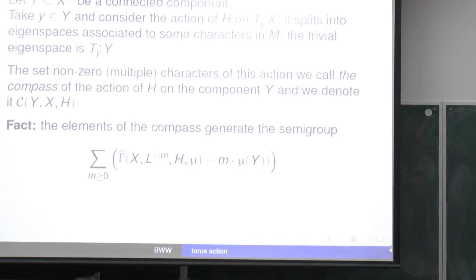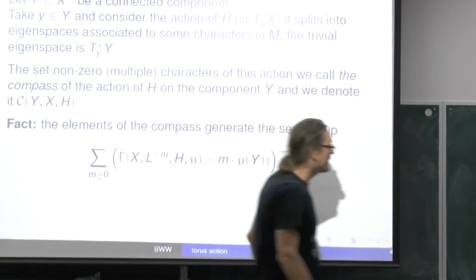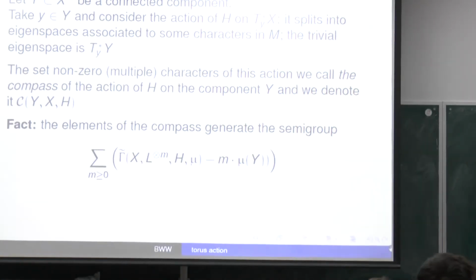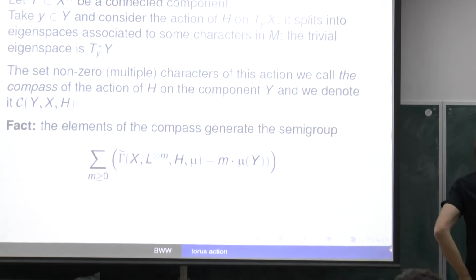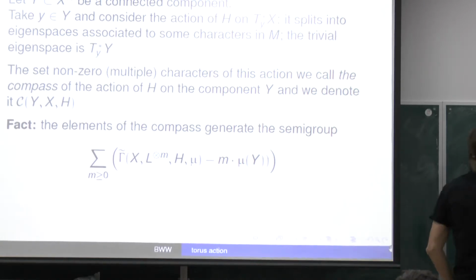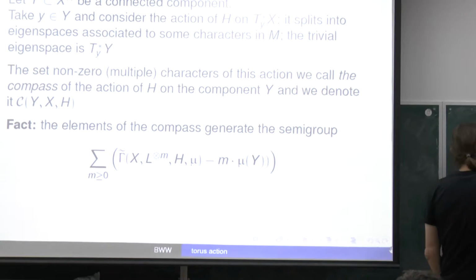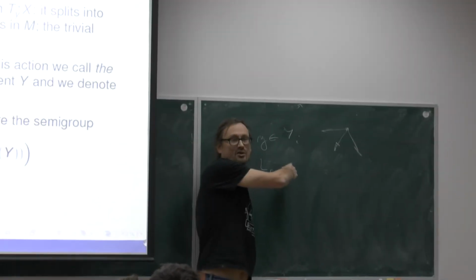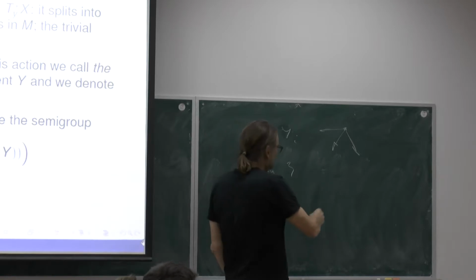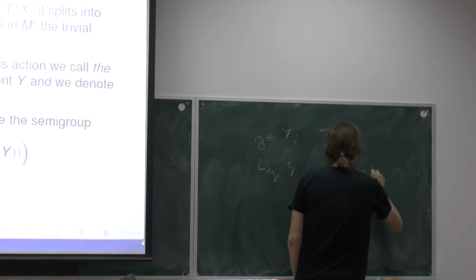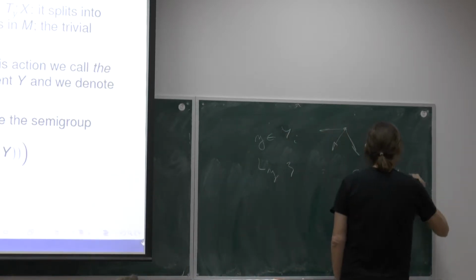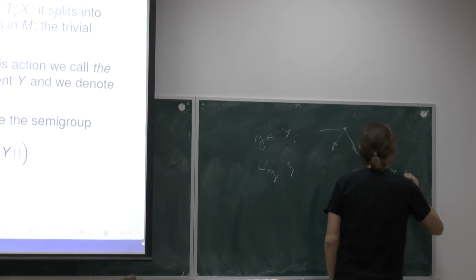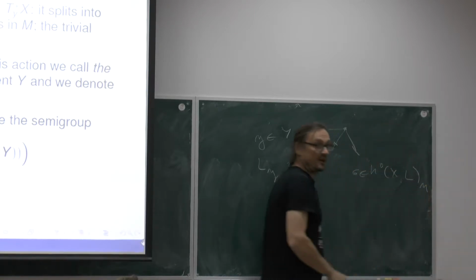but a quick argument is as follows. I mean, locally around, so we have this point y, which lives in a fixed point component Y, okay? And then you have this L_y, and say with the invariant psi coordinate, okay? Then take a section, say sigma, in H^0(X, L) associated to the character u.